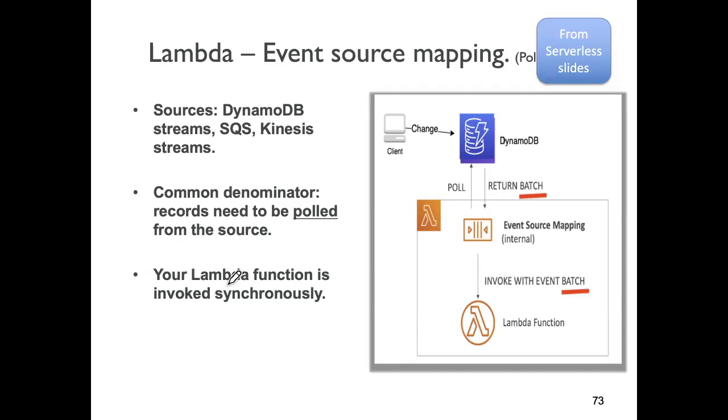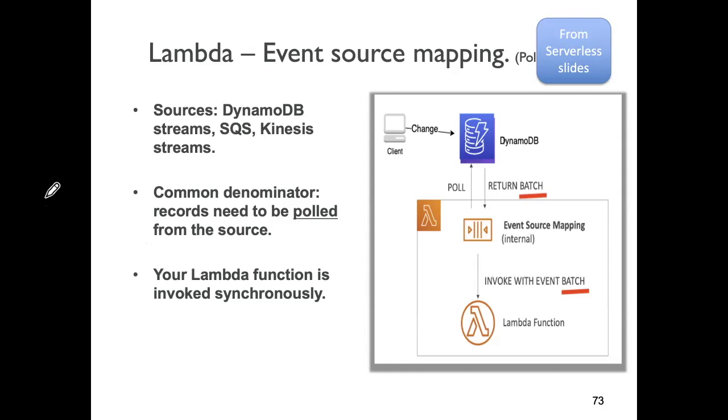And where this event source or this polling model comes into play is when you've got either DynamoDB streams. There's also Kinesis streams. Even with SQS, the communication between a Lambda and an SQS queue is based on this event source model.